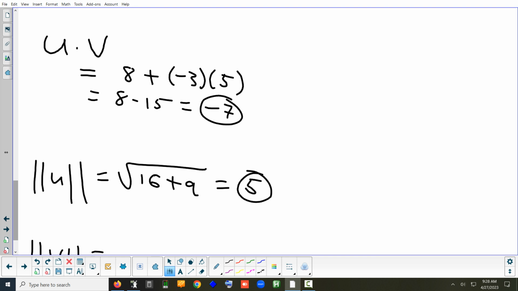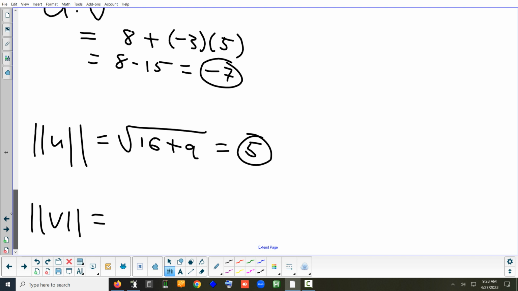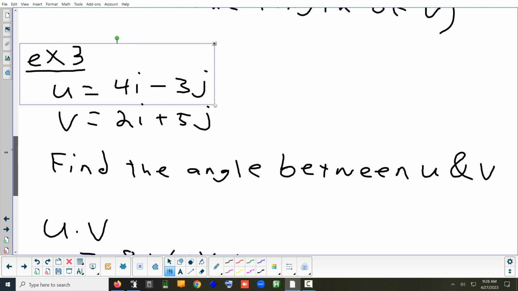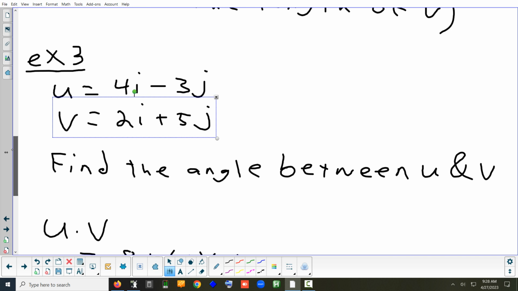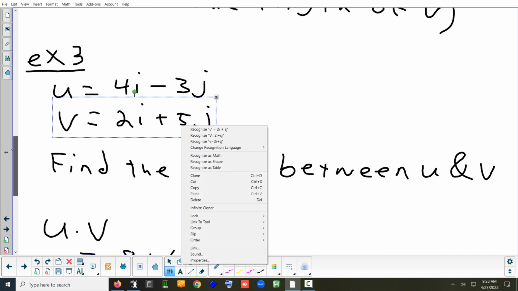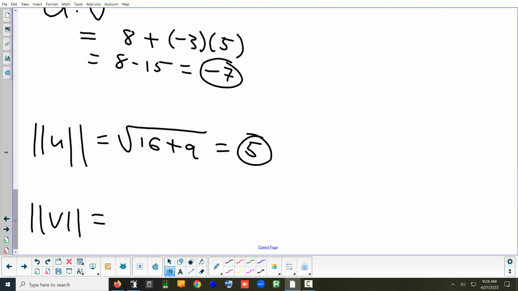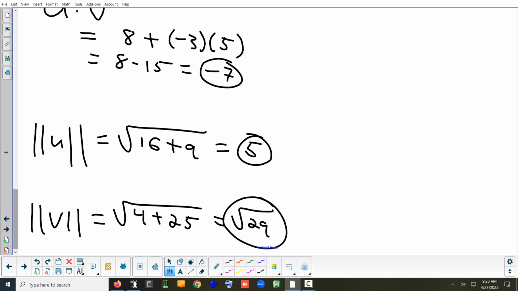Usually does not come out to a nice number like that. Let's find b. So when we square this, we're going to get how much? 4. You square that, 25. So 4 plus 25. Okay, so there's the three things that we need.